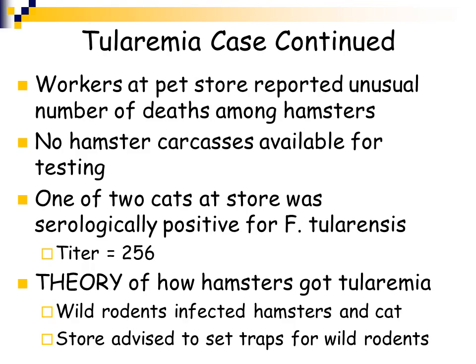The wild rodents infected the hamsters and the cats. So there were also some wild animals running around that infected the hamsters and also infected the cats. So the store set traps to get rid of the mice and rats that were running around the store.